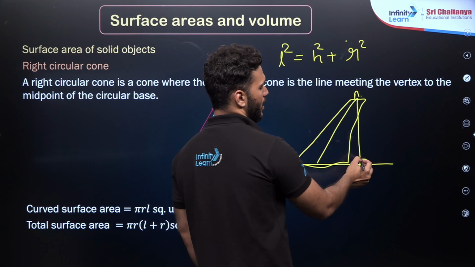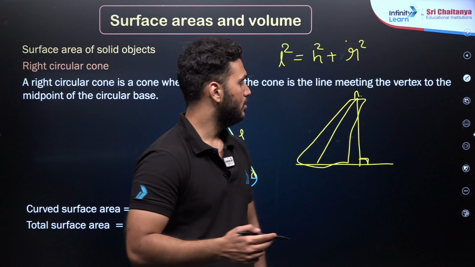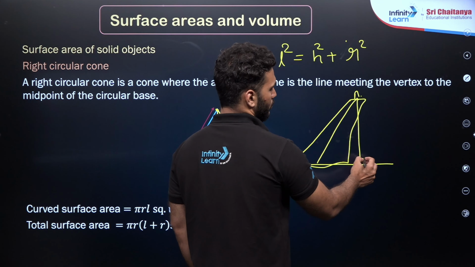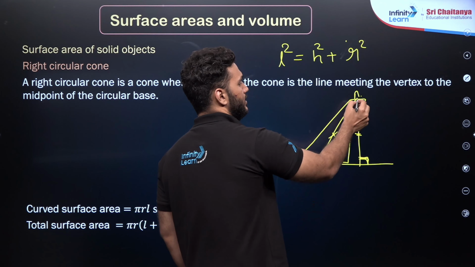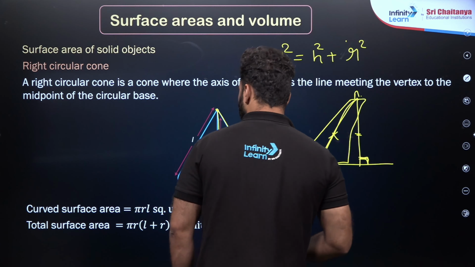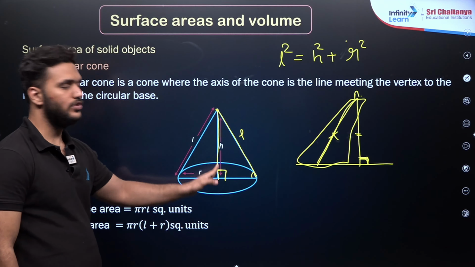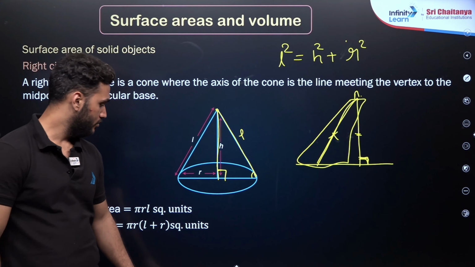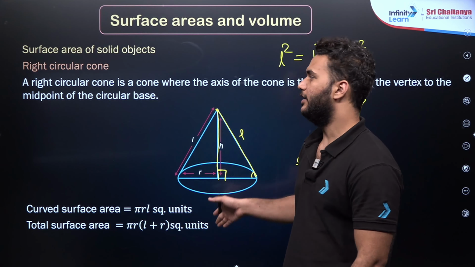Your distance from the ground, or how high you are standing, will be this value, not this. This is called the slant height. So similarly in a cone we have a slant height and the actual height. Now you guys are clear with the difference between slant height and height of a cone.